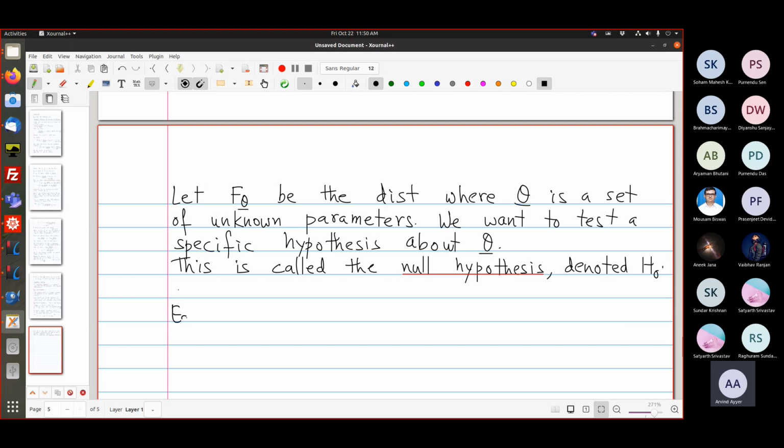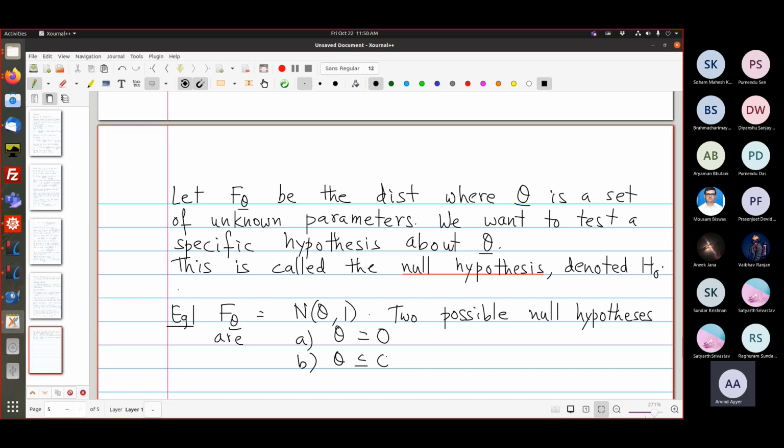So, for example, f theta could be N(theta, 1). Two possible null hypotheses: the first one we could say theta is 0, and the second one we could say theta is less than or equal to 0.